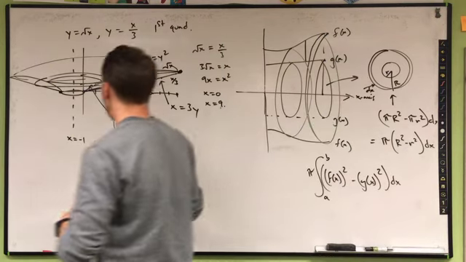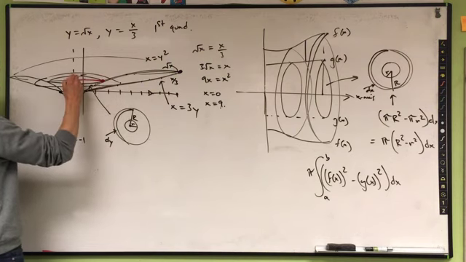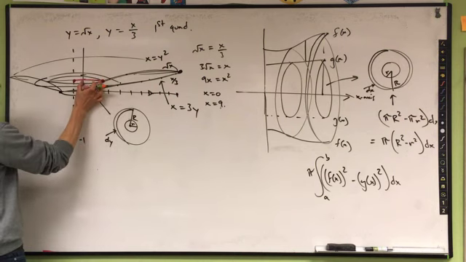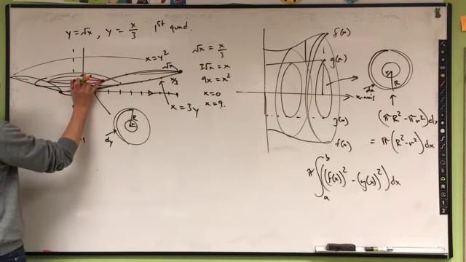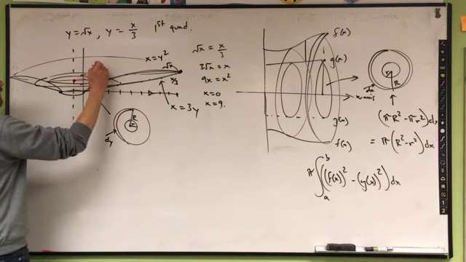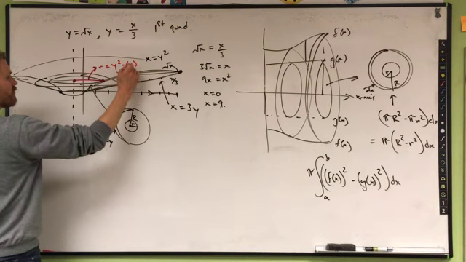Our smaller radius is right there. It's that distance right there. So that distance is y squared. And that distance is 1. So my radius should be y squared plus 1. But again, that's y squared minus a negative 1. So my little radius r, that's y squared minus a negative 1, or y squared plus 1.